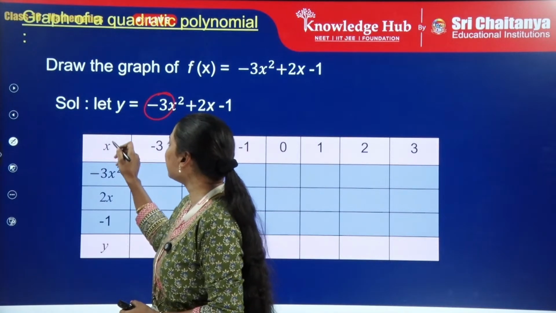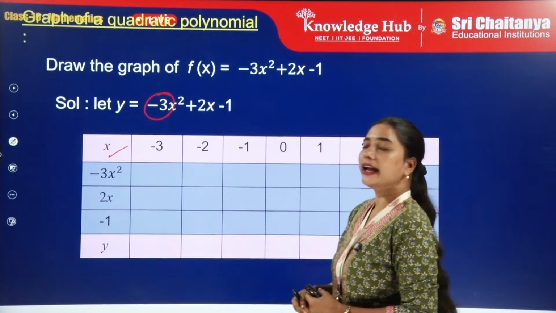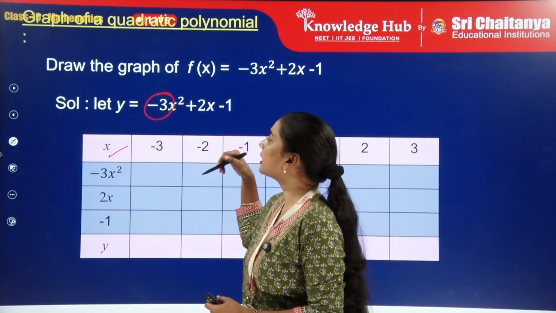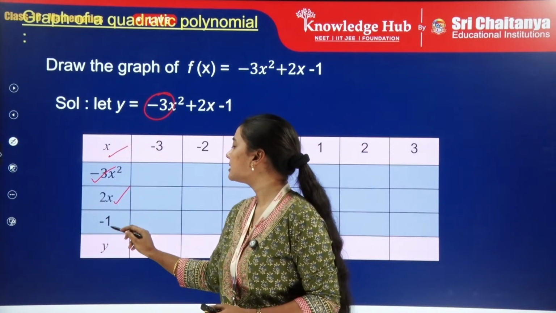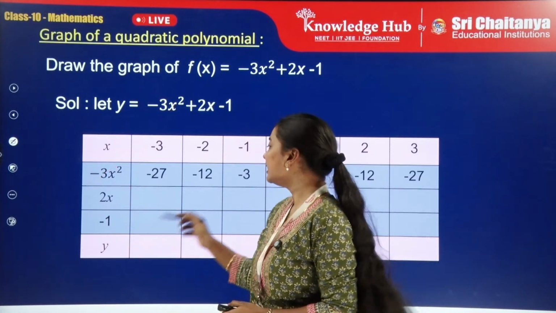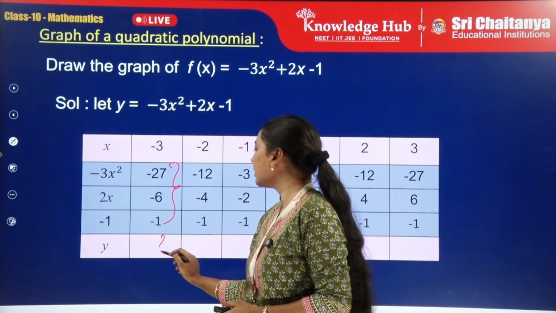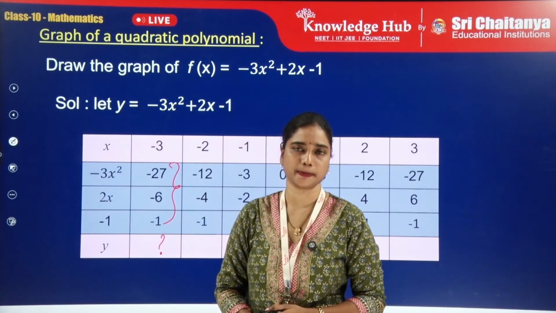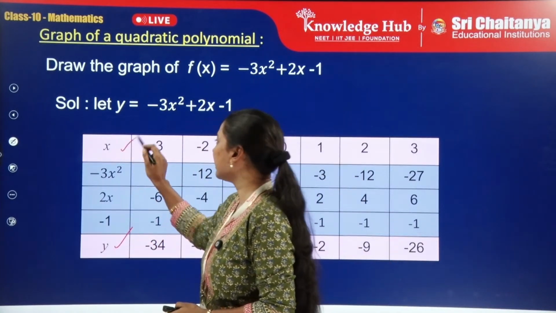Consider the values of x from -3 to +3. Then take the terms of the given quadratic polynomial, -3x square, 2x, -1. Add these three values to get the value of y. So we are getting the values of y and x.